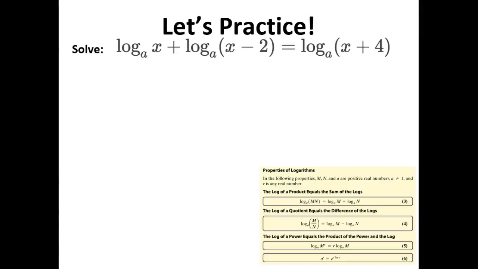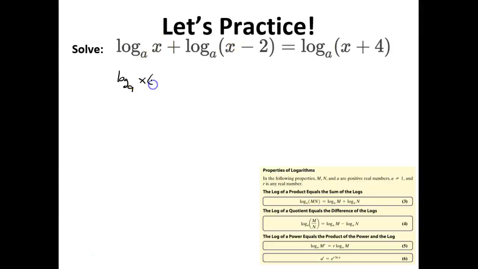This one here, I see lots of logarithms. If we try to condense it, so we narrow this down a little bit, on the left hand side we have a plus in between 2 of them with the same base. We can use this property right here, the sum of logs. So we're going to write this as a single logarithm, log base a of the product of the 2.